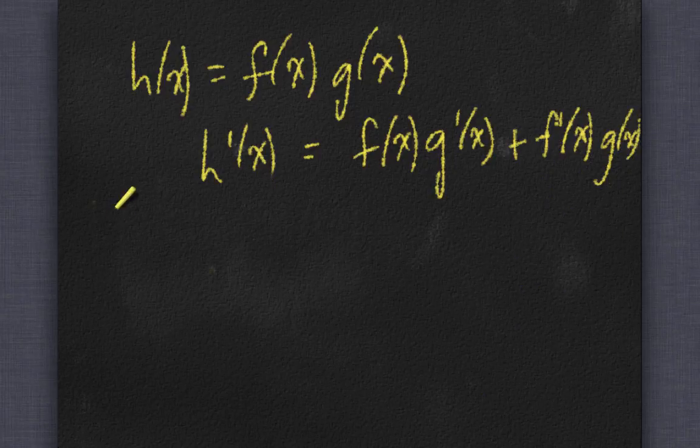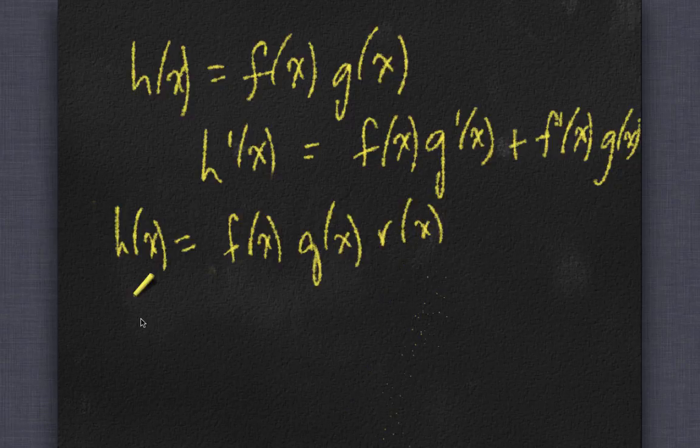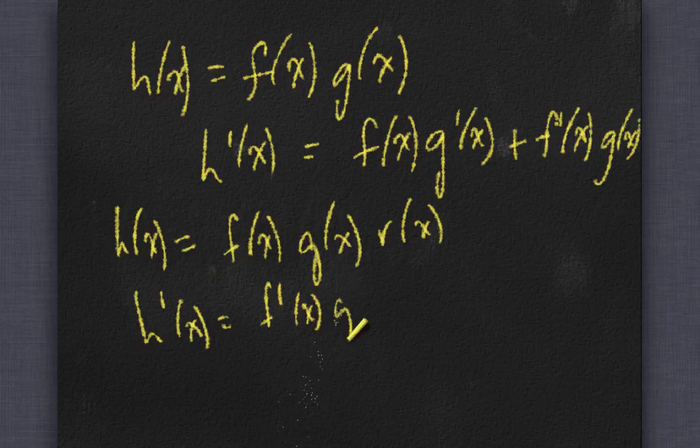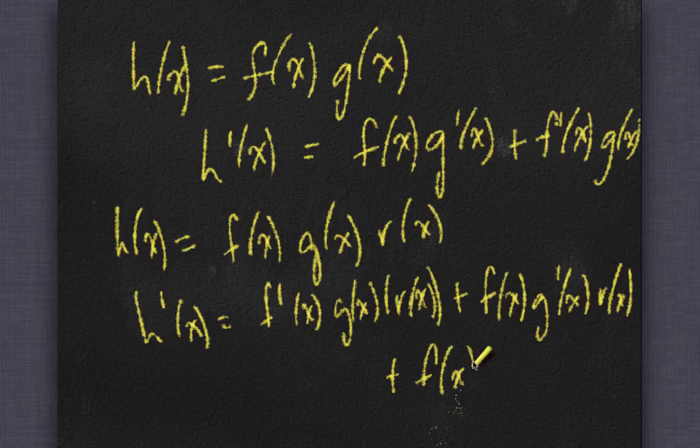other one. If you have h is f times g times r, then the derivative is f prime times g times r, plus f g prime r plus f g r prime.